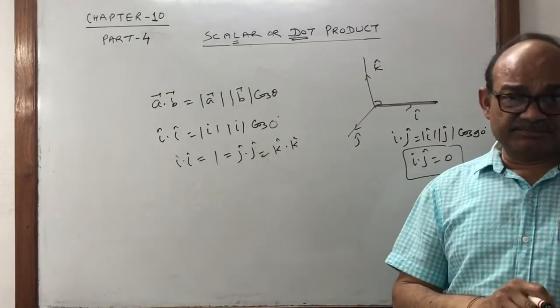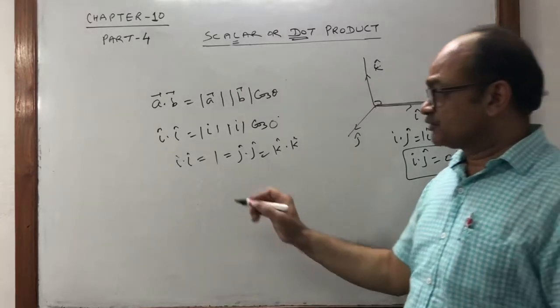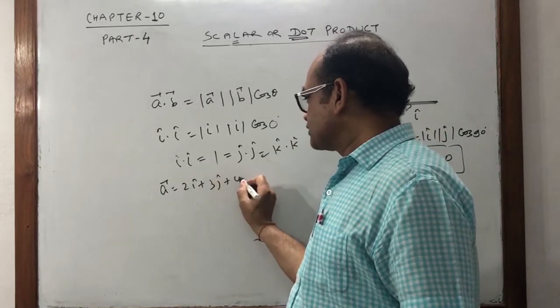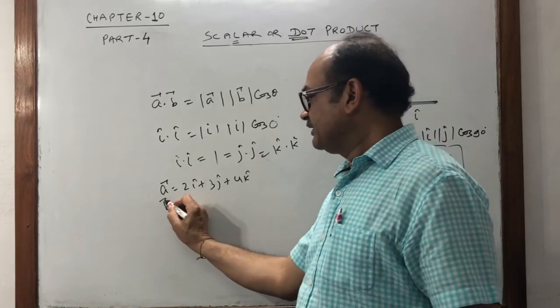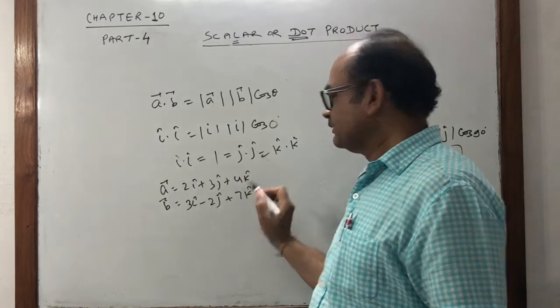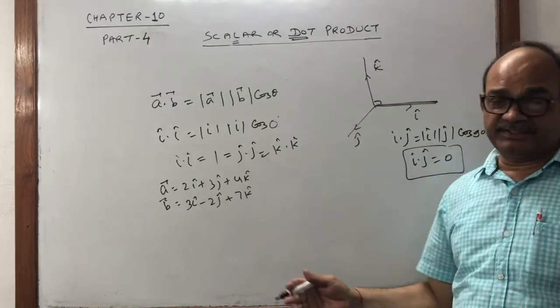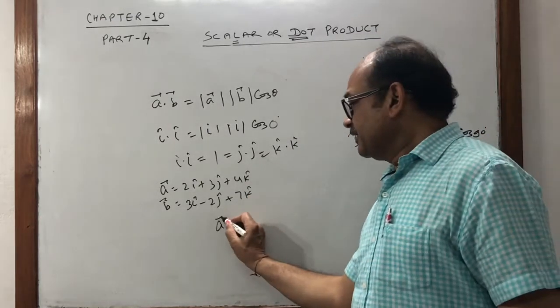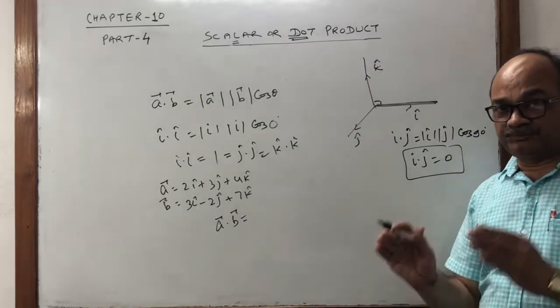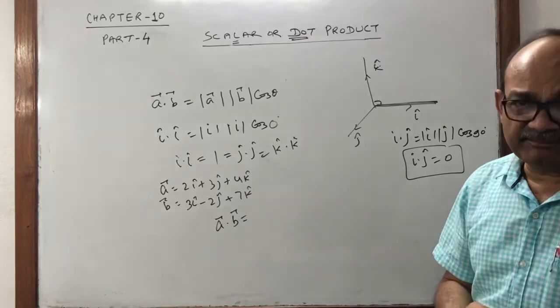Very important concept. For example, suppose we have a vector A equals 2I plus 3J plus 4K, and vector B equals 3I minus 2J plus 7K, and we want to calculate A dot B. A dot B is nothing but magnitude A, magnitude B, and the angle between them.